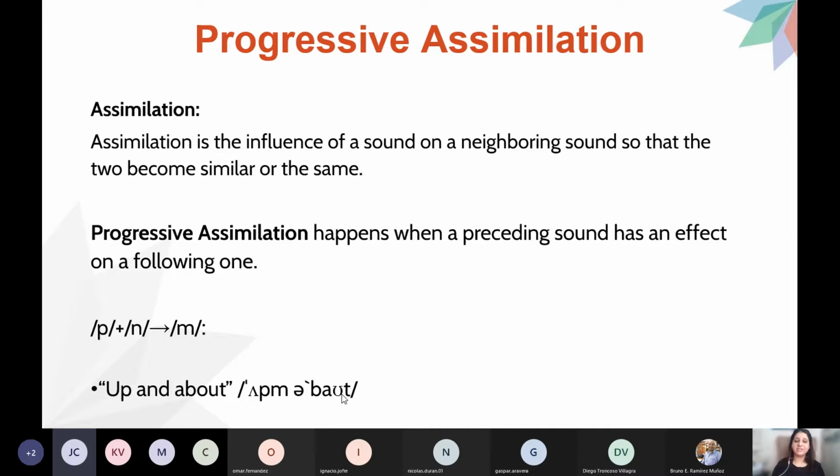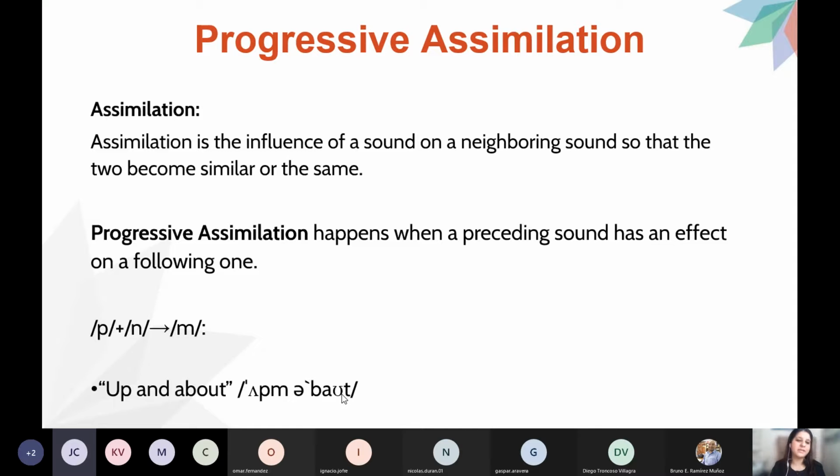And progressive assimilation is when a preceding sound, therefore a sound that is first, has an influence on a following one.